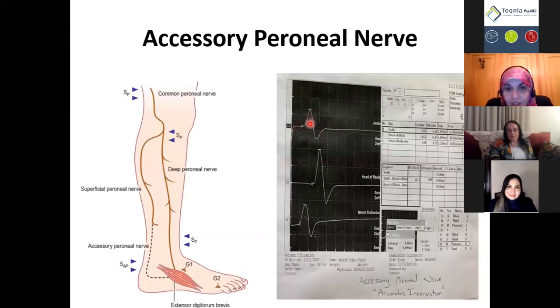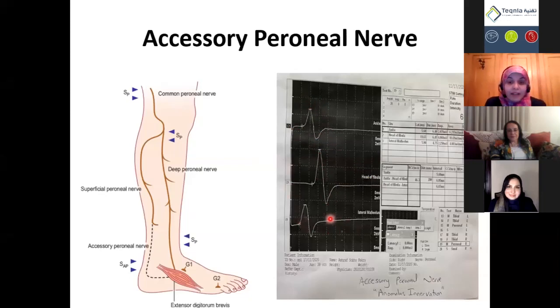The amplitude is small because here you are missing the other fibers. You just stimulate this. So the amplitude is small. When you go to the head of the fibula, the amplitude is much bigger. So you suspect that there is something here, a block, when we agreed that before suspecting block, exclude anomalous innervation.